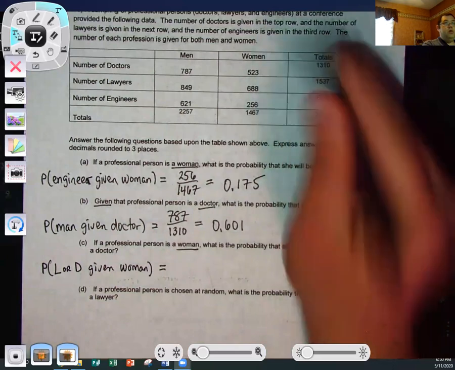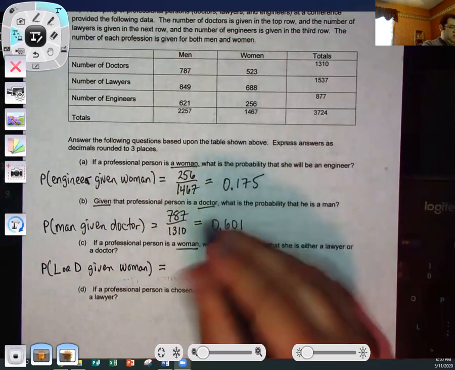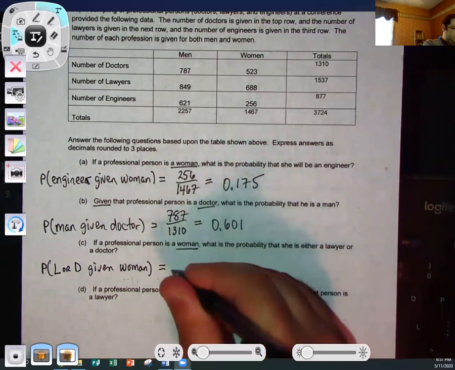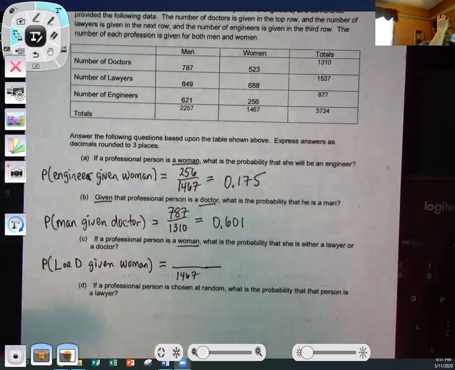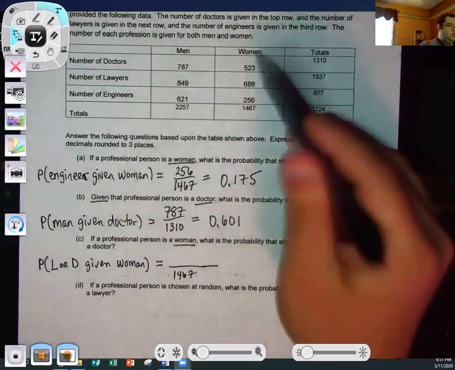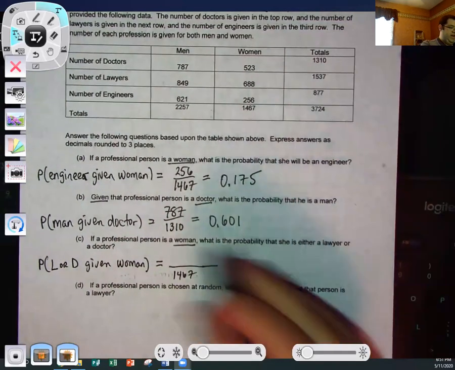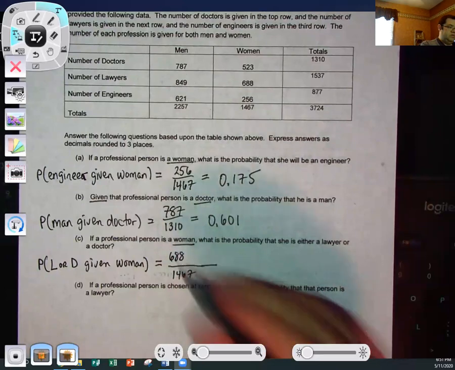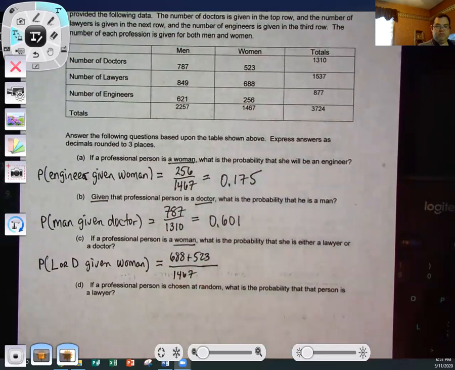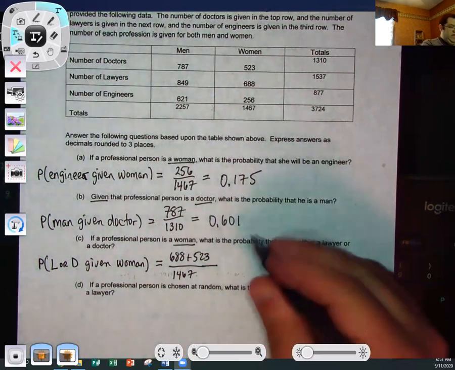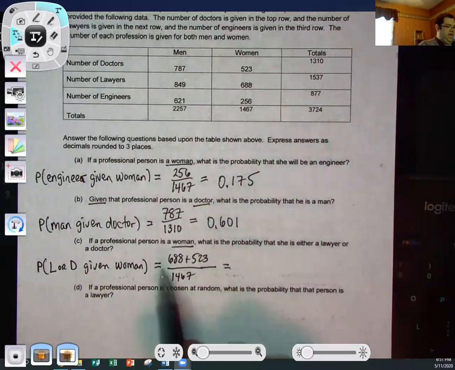So our total number of women is going to be 1,467. We have 688 lawyers, and we have 523 doctors. If that's the case, we would add those together.